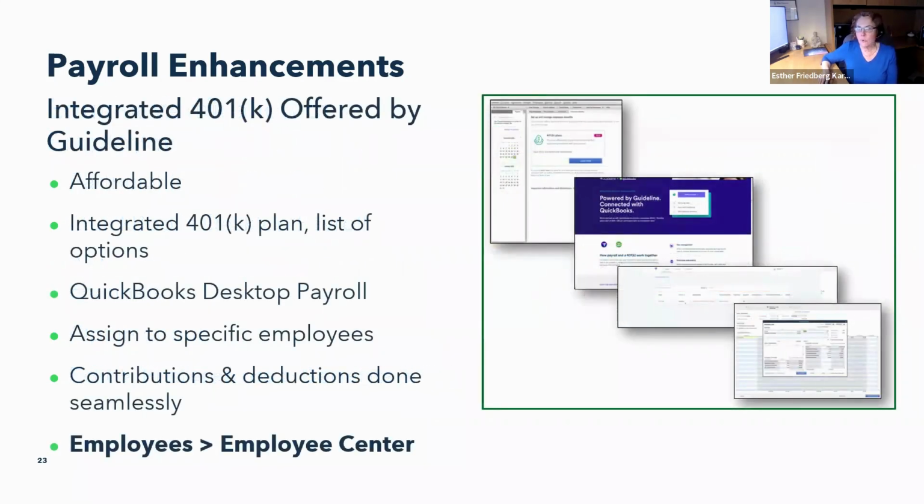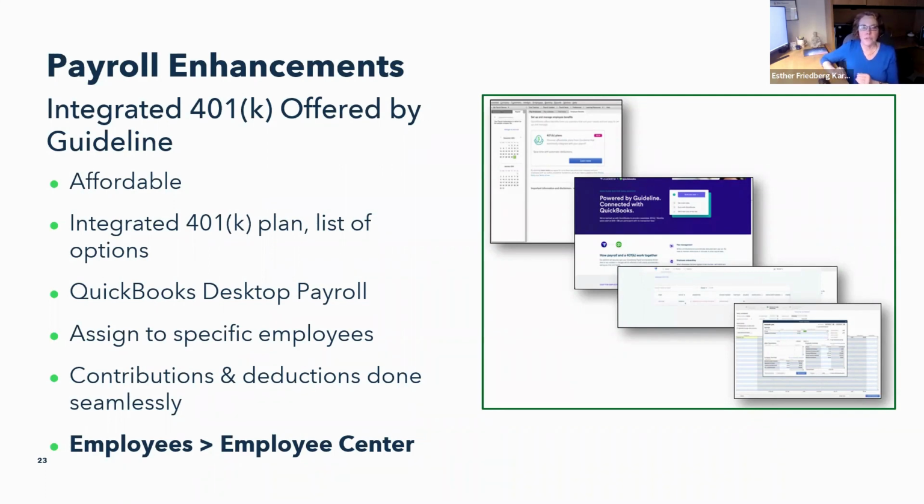The integrated 401k offered by Guideline is also available in the entire desktop lineup as long as there's an active QuickBooks payroll subscription. Users can sign up for a fully integrated and affordable Guideline 401k plan through QuickBooks Assisted Payroll. Users can choose from a list of plan options suiting their needs in one place, and then set up the plan easily so that the 401k plan contributions and deductions are completed seamlessly.